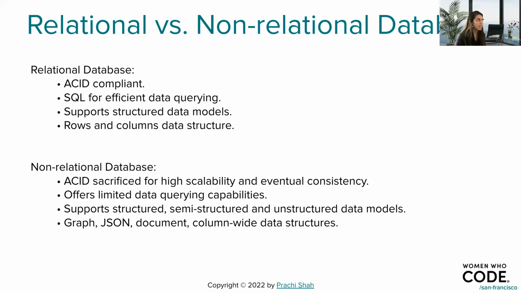So that's a trade-off. Also, SQL or relational data is optimized for efficient data querying, right? Because you have your rows and columns, and when you query or modify, you are working with different data points. So these kinds of systems are optimized for efficient data querying. With non-relational databases, depending on the type of data structure or database you have selected, querying is limited.